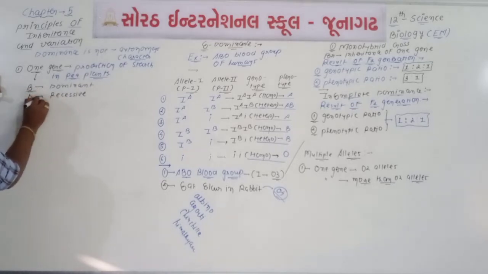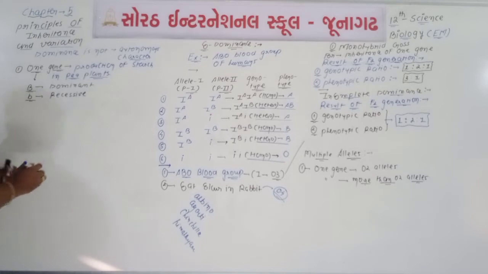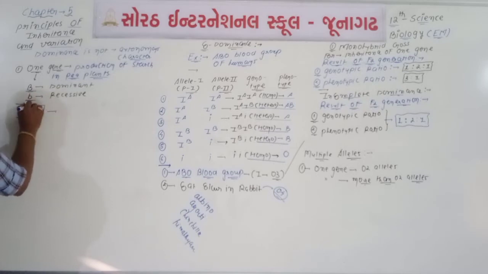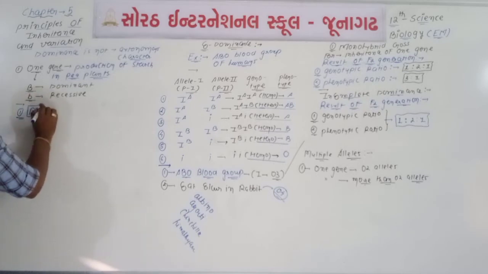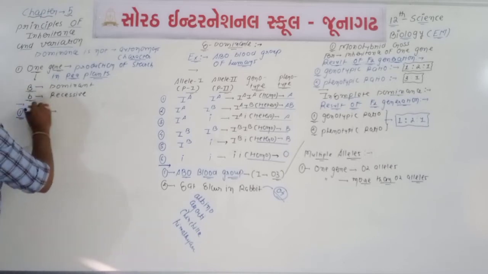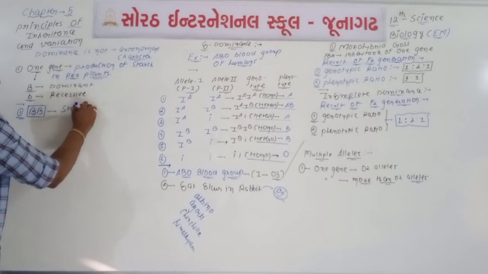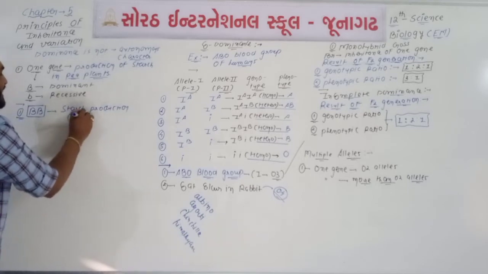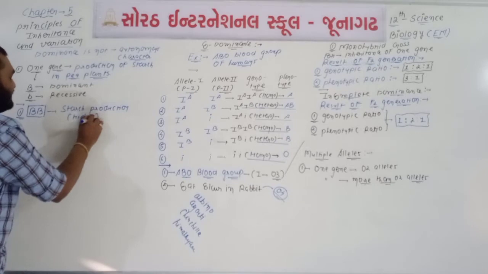Remember, capital B is dominant and small b is recessive. Considering some possibilities, option number 1: if capital B is present, meaning a homozygous genotype, then because of this genotype starch production is found, or higher starch production is found.